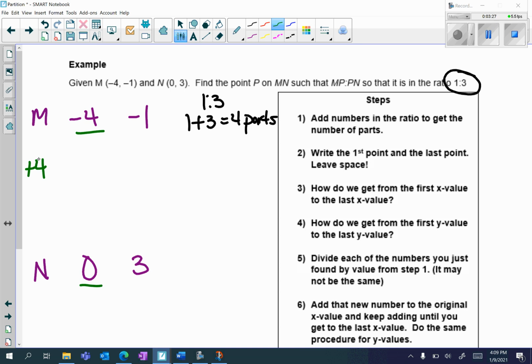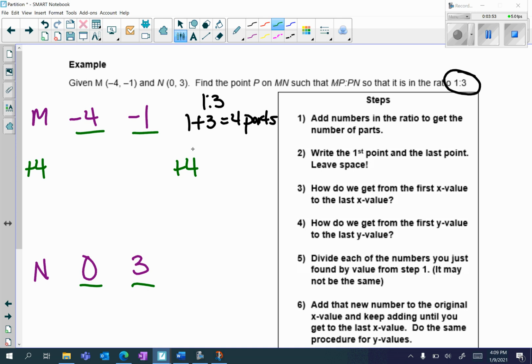Let's look at step 4. How do we get from the first y value to the last y value? How do I get from -1 to 3? I add 4. -1 plus 4 gives us 3. So now we're on step 5.